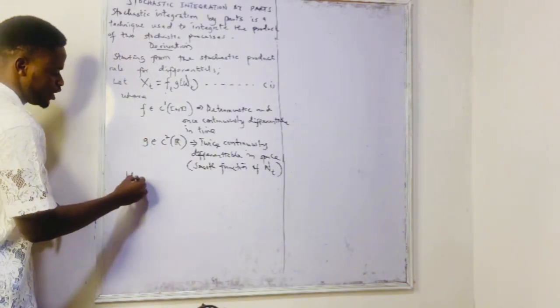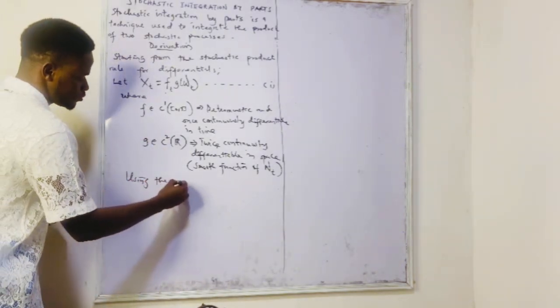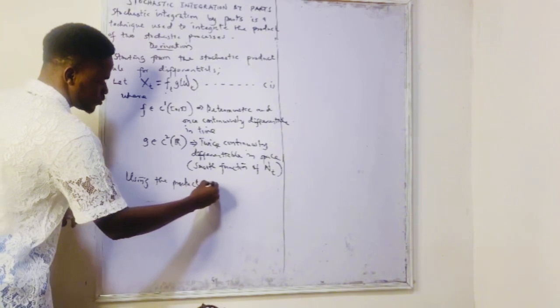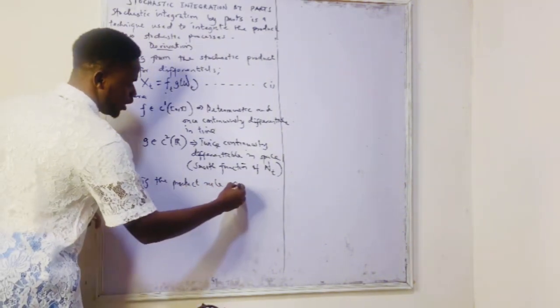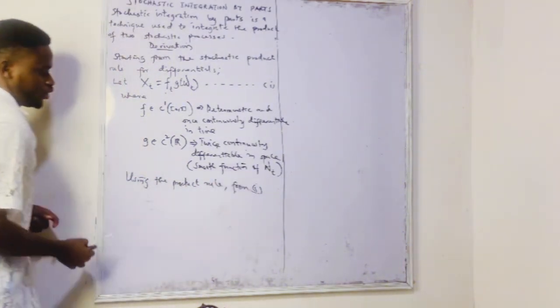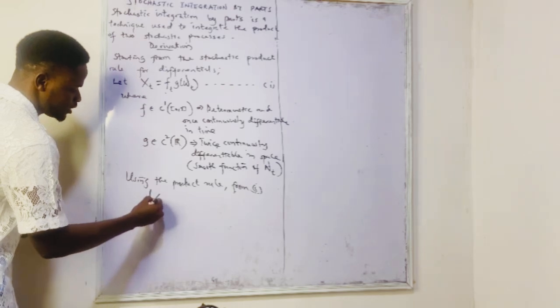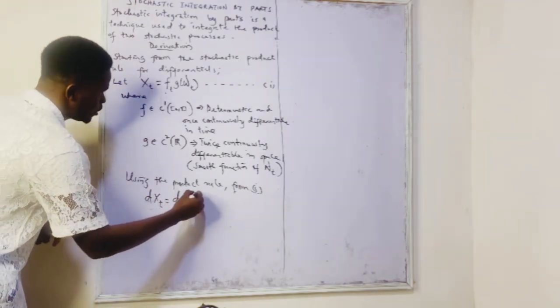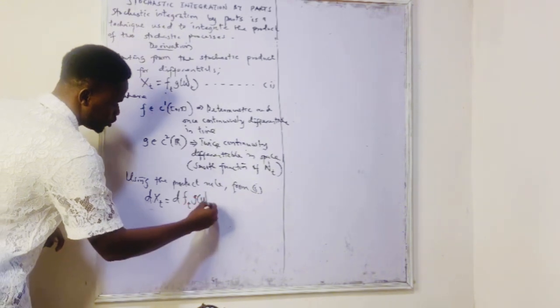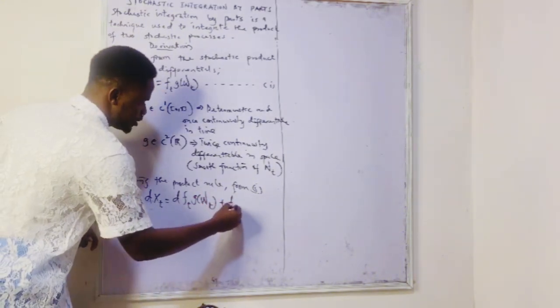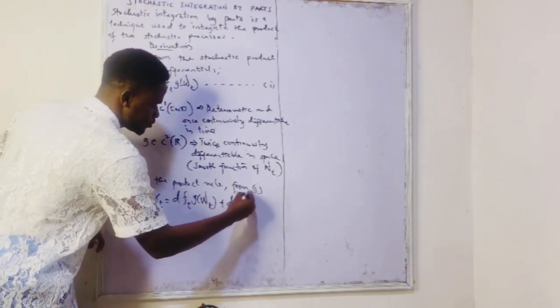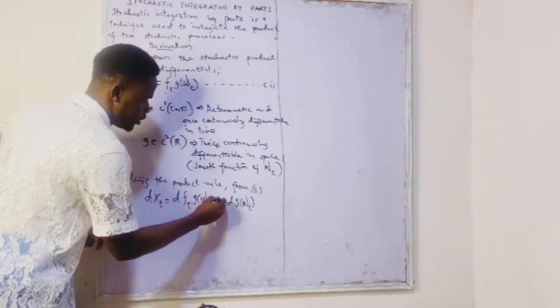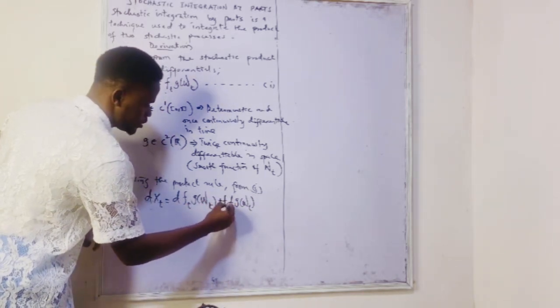Now, using the product rule from 1, you can observe that dS_t will be: differentiate f of t, keeping the second function constant, plus differentiate the second function, keeping f of t constant.